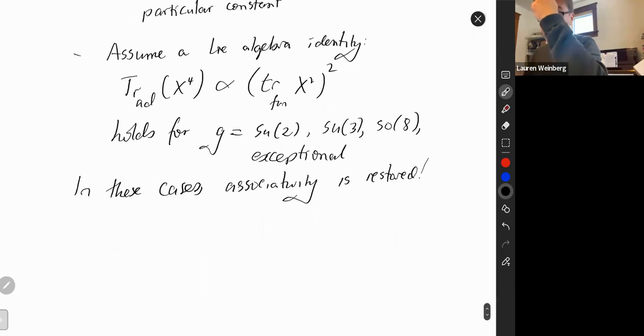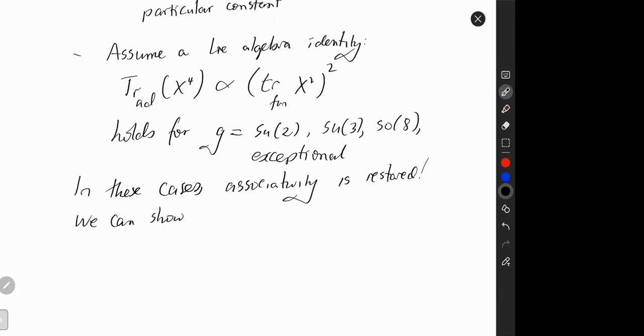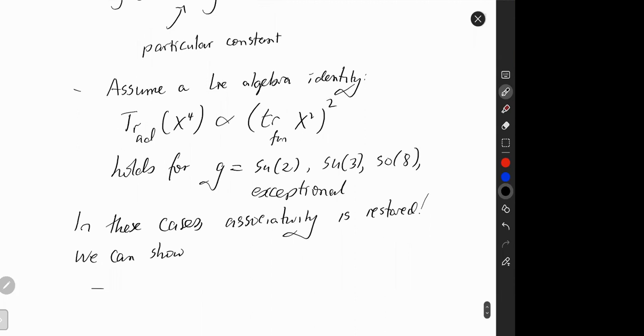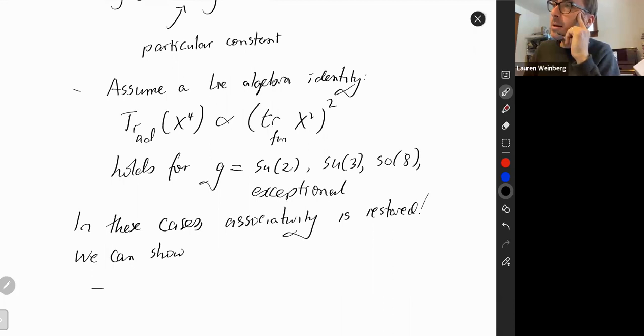So what we can show... Hi, could you explain the statement in the language of the usual correlations of the field theory? What does this special choice of gauge group mean? Let's see. I won't have time to get into this, but the first way we come across this is by thinking about the twistor uplift of self-dual Yang-Mills.